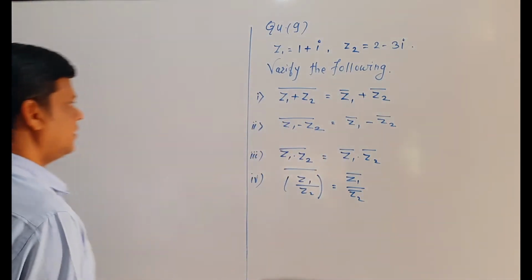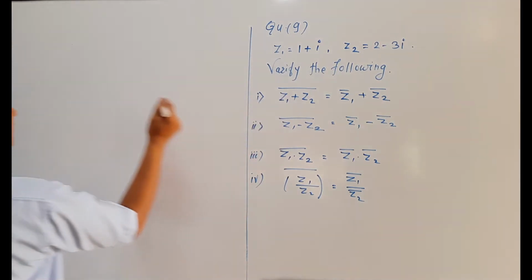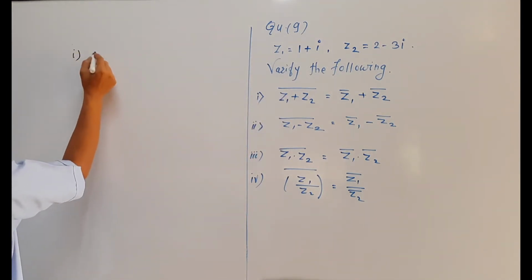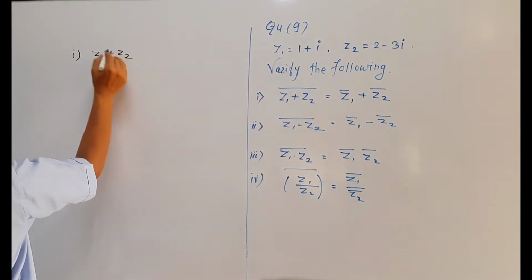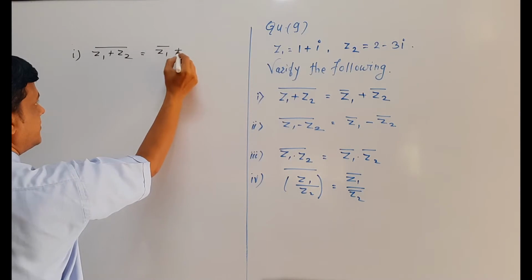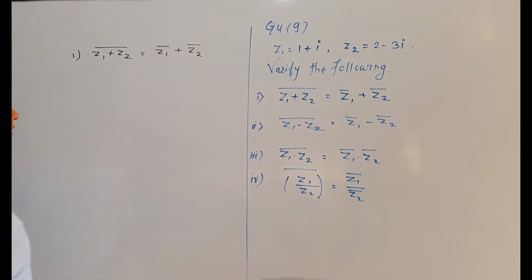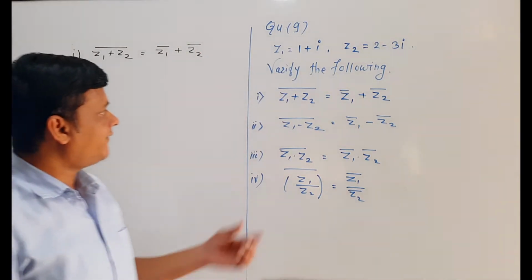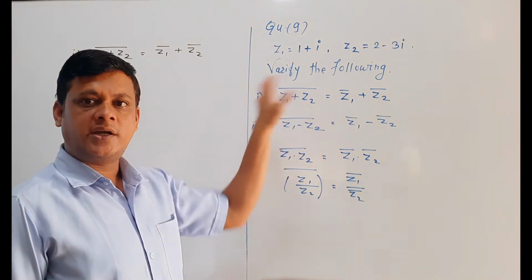So first we verify this first sub question. The conjugate of z1 plus z2 is equal to the conjugate of z1 plus the conjugate of z2. That means first we find z1 plus z2, then its conjugate.